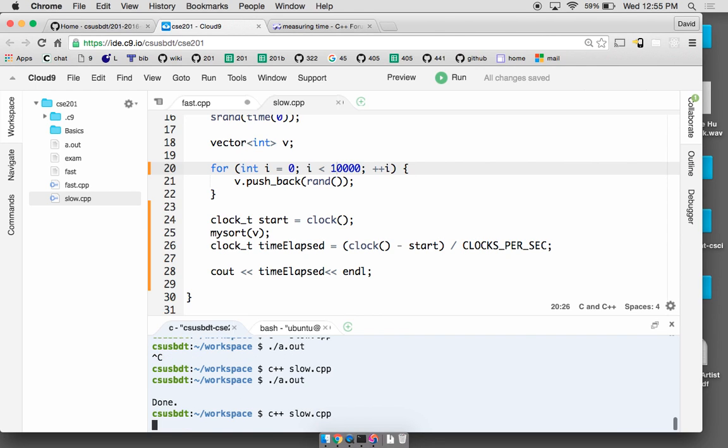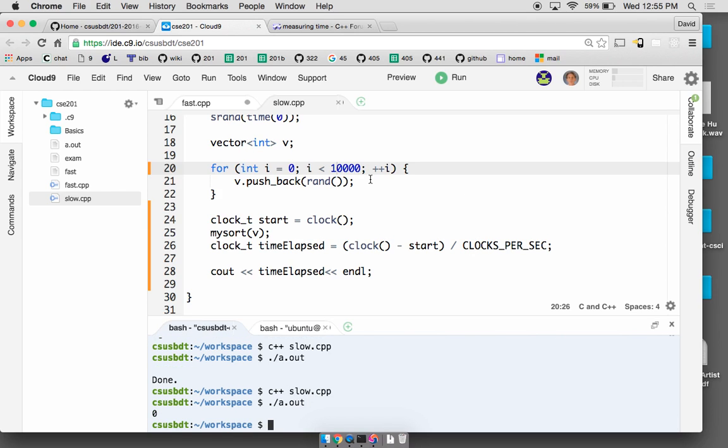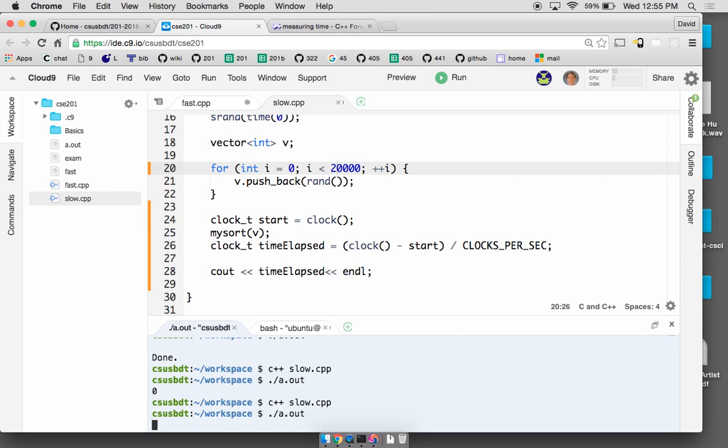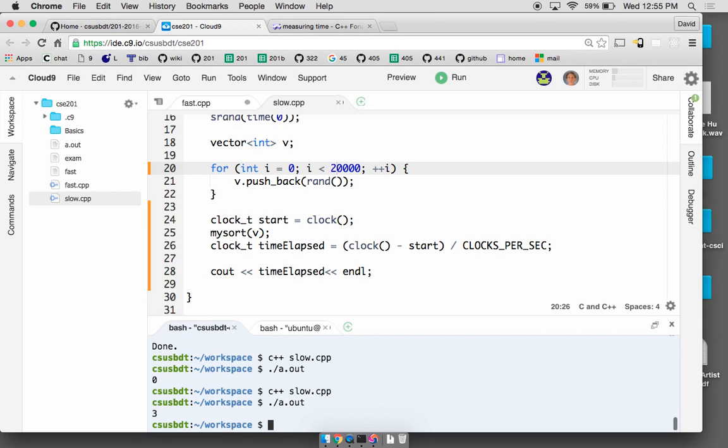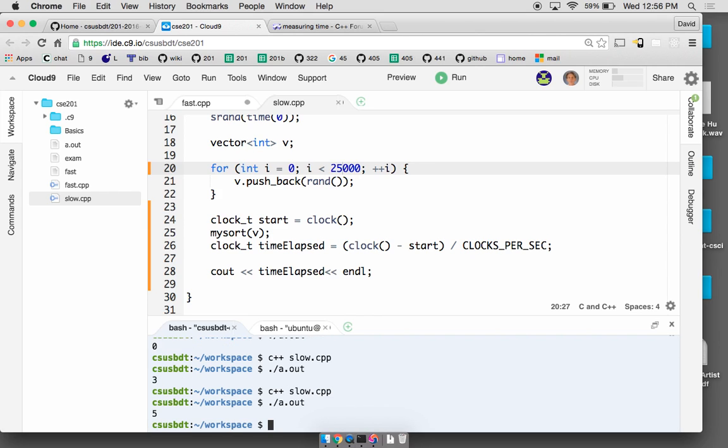Let's see, it probably won't compile because, oh, it does compile. 0 seconds. 20,000. 3 seconds. 25,000. 5 seconds. You know, that's how you do it. Well, it's one way to do it.